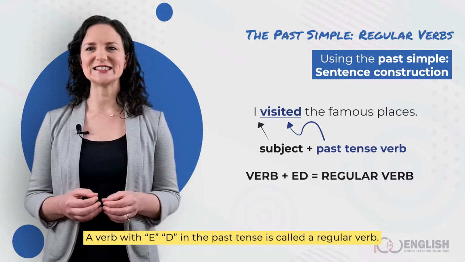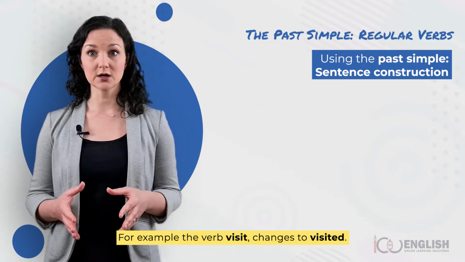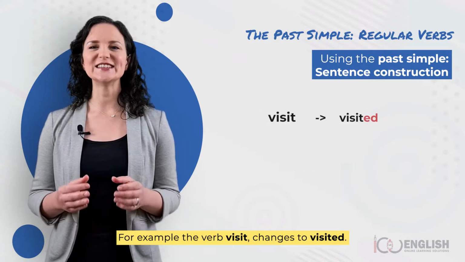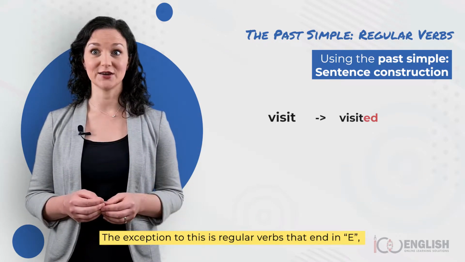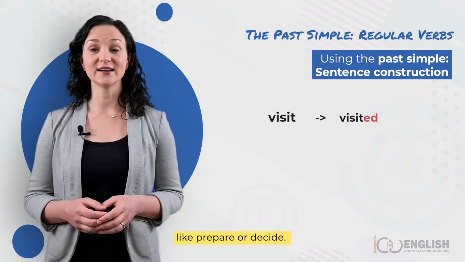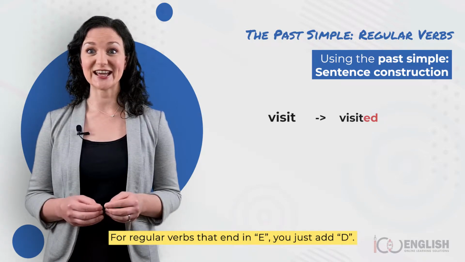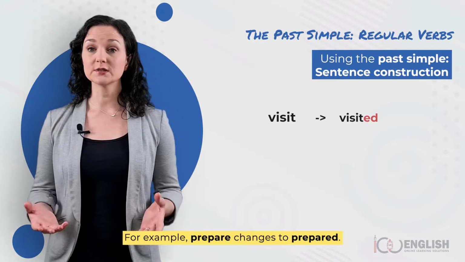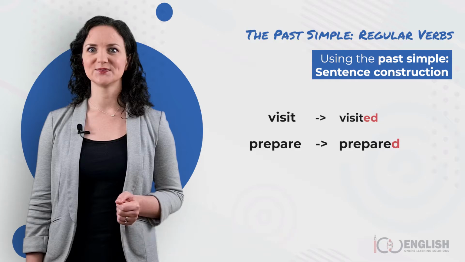A verb with ed in the past tense is called a regular verb. For example, the verb visit changes to visited. The exception to this is regular verbs that end in e, like prepare or decide. For regular verbs that end in e, you just add d. For example, prepare changes to prepared.